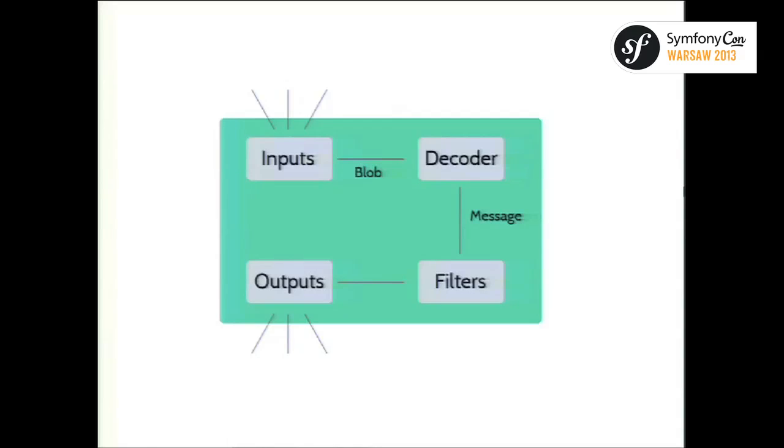Then you have filters that, well, it sounds like they only filter, but they actually can aggregate messages and produce new messages themselves. So it's more powerful than just a filter. The name is a bit confusing, I think, but that's that. And then finally, it's output back into the system somewhere else.